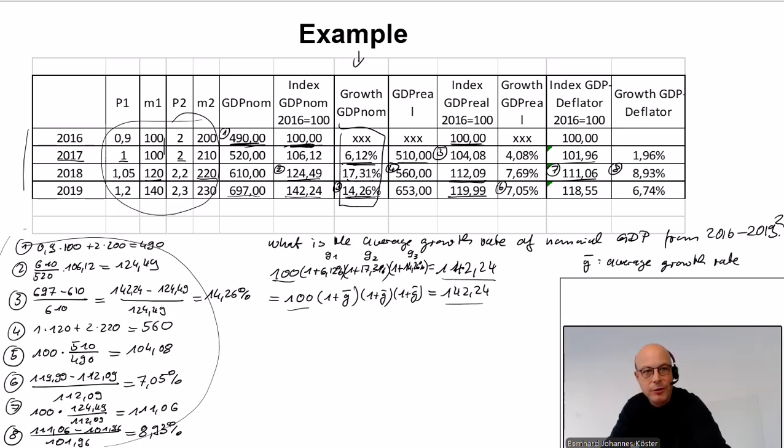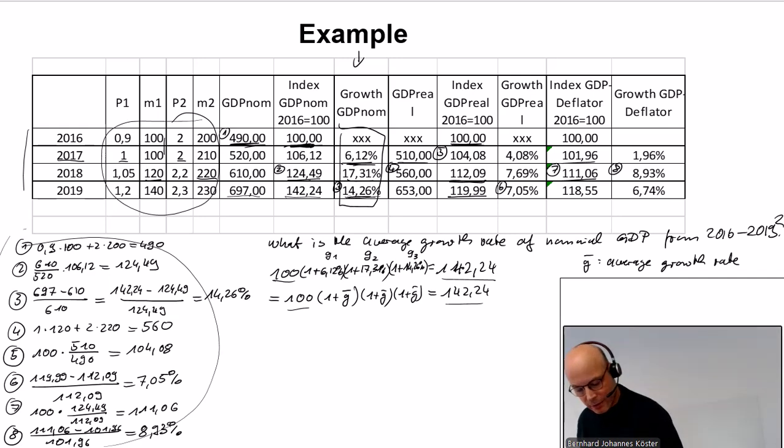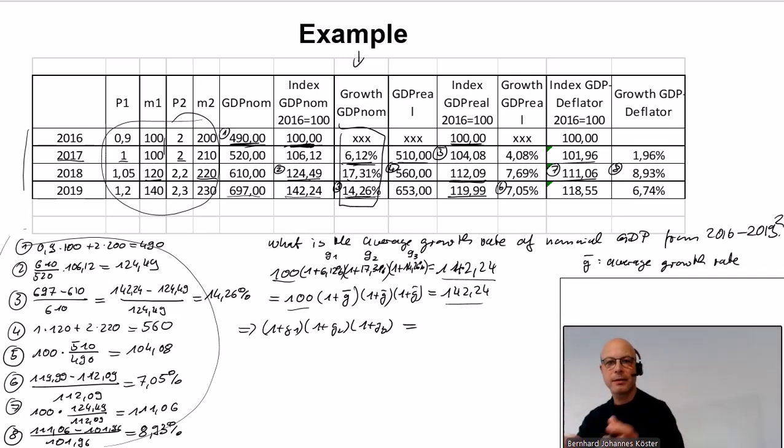This holds in general. So we end up then with 1 plus G1 times 1 plus G2 times 1 plus G3 equals, and multiplying the 3 times the same number just means 1 plus G bar to the power of 3. We are interested in this number, average growth rate.